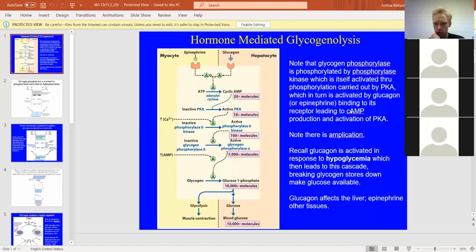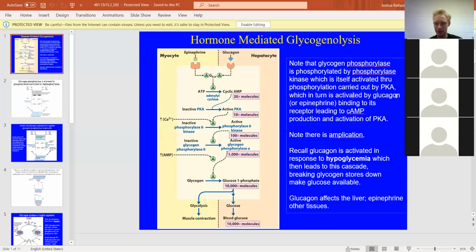Let me double check this real quick, see if this involves anything else. Yeah, this talks about the importance of PKA and glycogen phosphorylase, the enzyme we were referring to in this slide. It's phosphorylated, which activates it. PKA's role is to phosphorylate phosphorylase kinase.